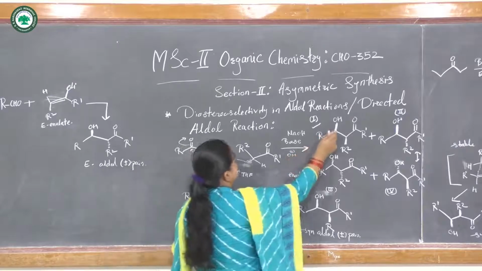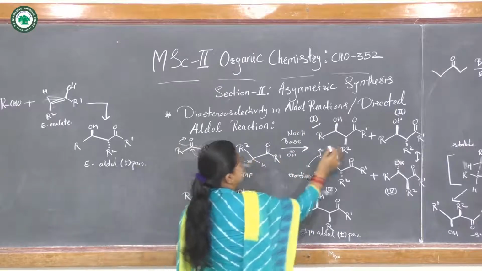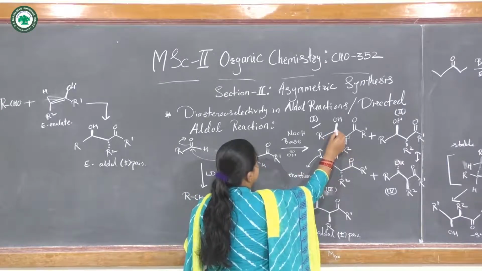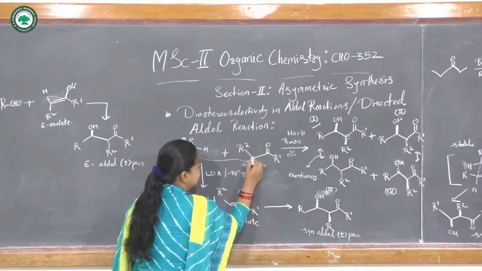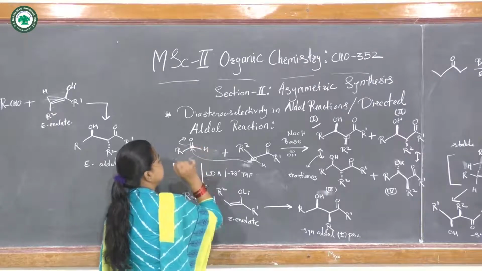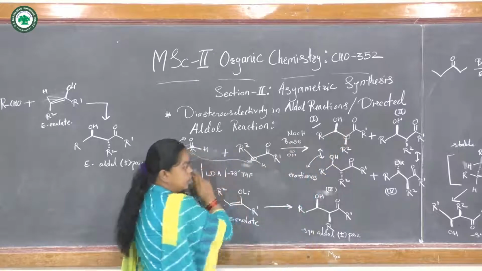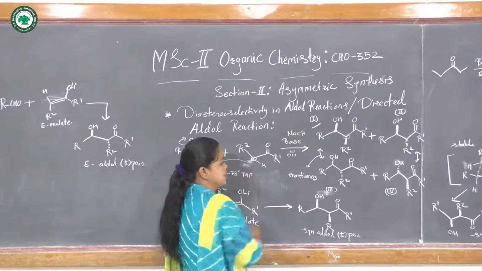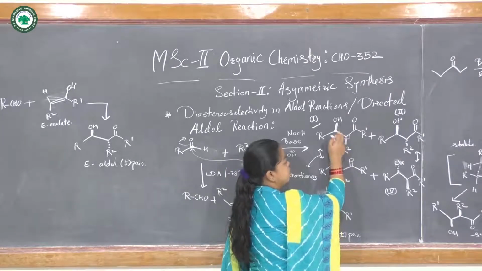This oxygen becomes O minus, and this carbon gets attached to the aldehydic carbon. We can indicate here by dots: the dotted carbon is from the aldehyde, and this ring carbon shown here is the nucleophilic carbon from the enolate ion. So a new bond is formed between these.